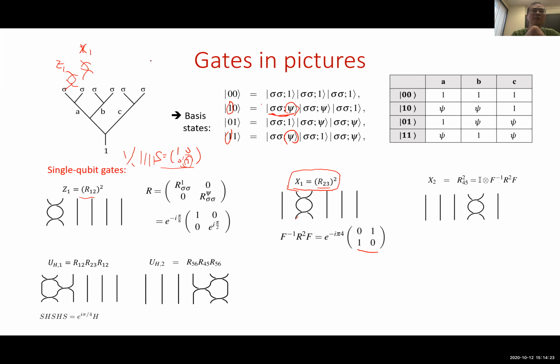Okay, but the action on the logical qubit 2 is sort of asymmetric in terms of the diagram. It's doing the braiding here. It's the Z2, and if you braid these two, 4 and 5, that's the X2.